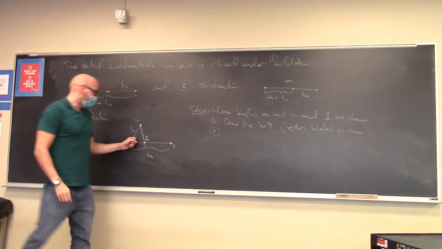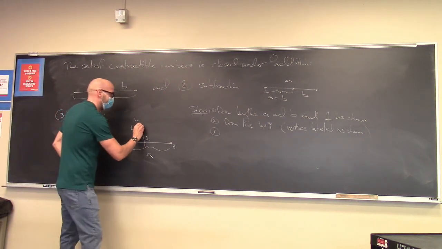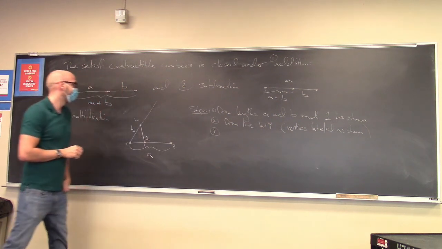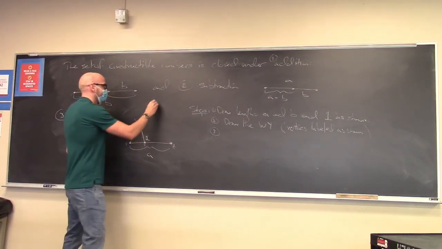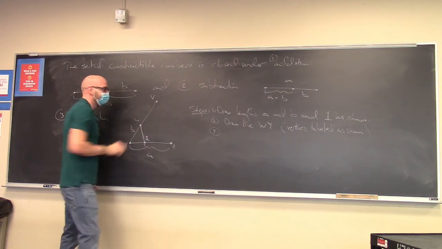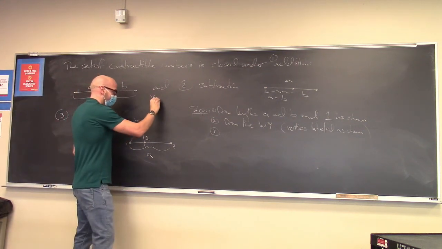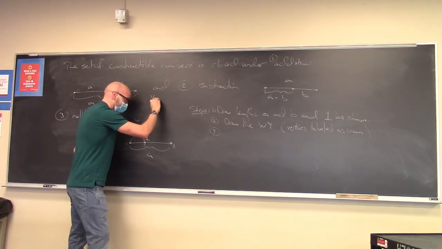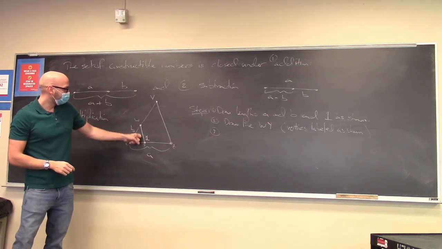And now we'll just extend this length B. Extend this length B to a point V. And V is going to be such that when I drop VZ, it's parallel to WY.